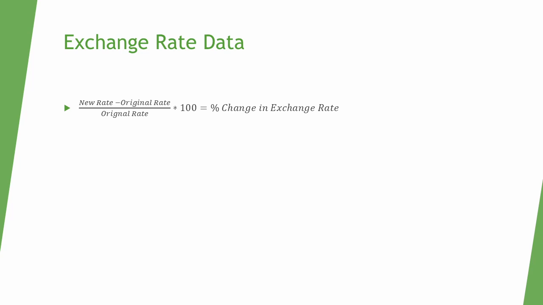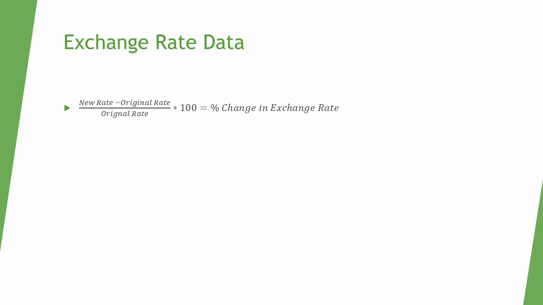To interpret exchange rate data, calculate the percentage change by subtracting the original exchange rate from the new exchange rate, then dividing by the original exchange rate. For example, if the pound appreciates from 1.20 to 1.30 against the US dollar, the percentage change is (1.30 minus 1.20) divided by 1.20, which is equal to 0.0833 or 8.33%.